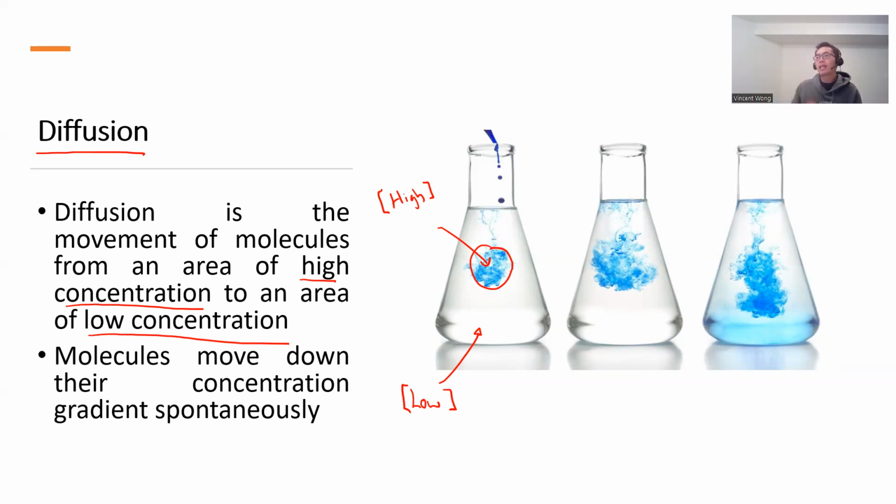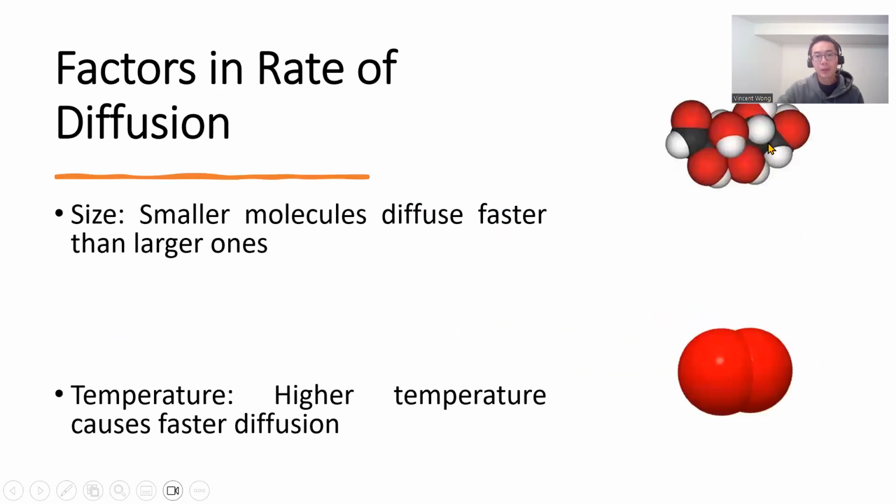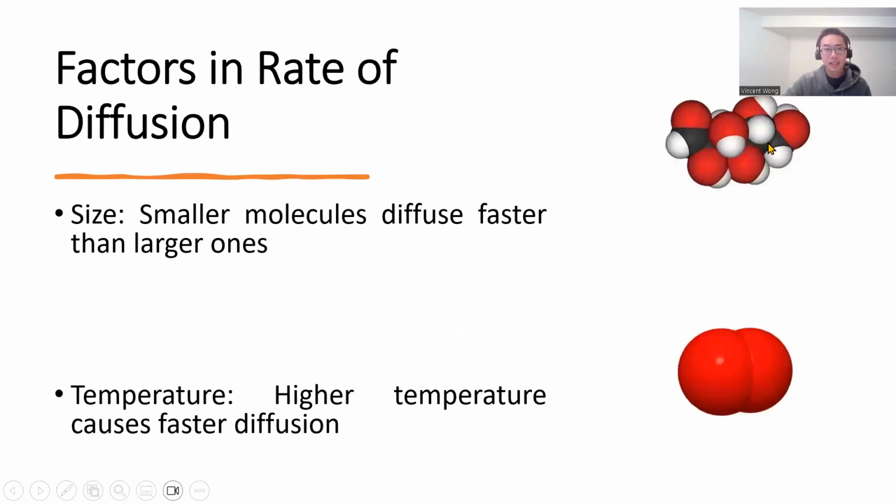Another example is if you spray some air freshener on one side of a room, soon you'll be able to smell it across the room, right? The molecules naturally diffuse down their concentration gradient. It goes from high to low concentration. That's called diffusion.